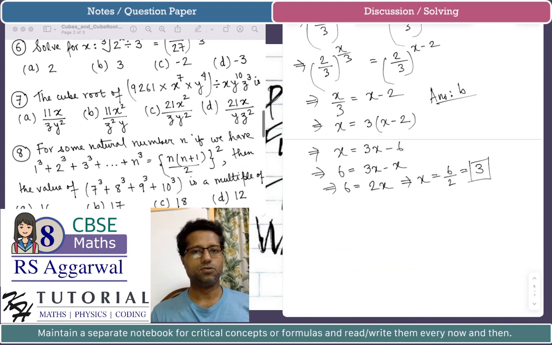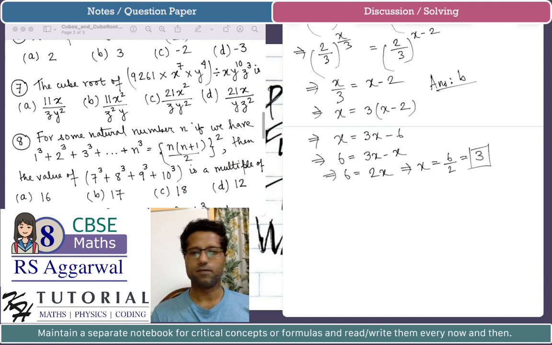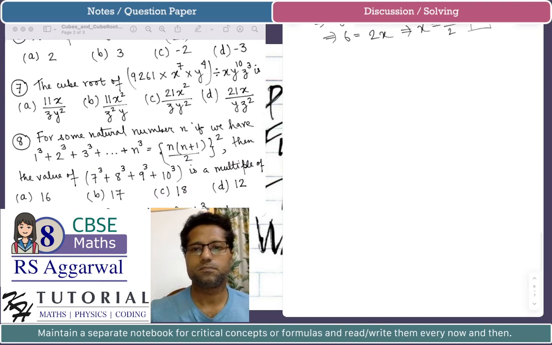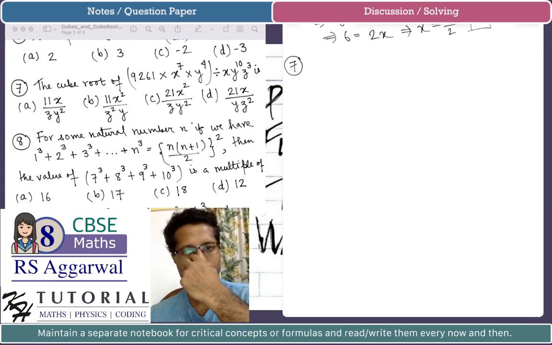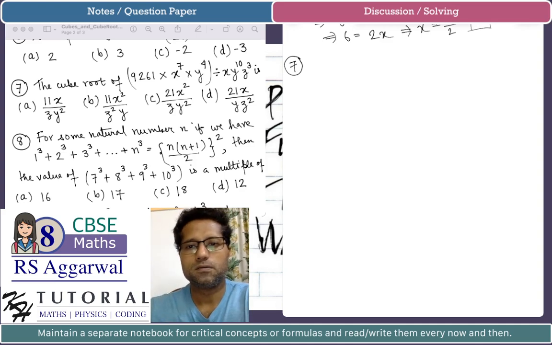Okay, let's do problem number 7. We are given an expression: the cube root of 9261 multiplied by x to the power 7 multiplied by y to the power 4, and this whole divided by x y to the power 10 and z cube.